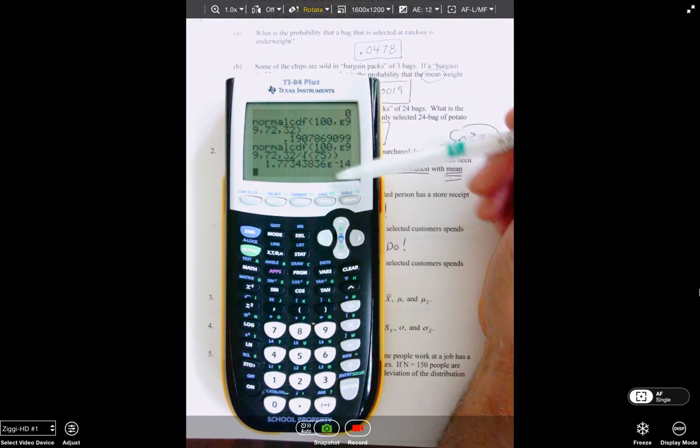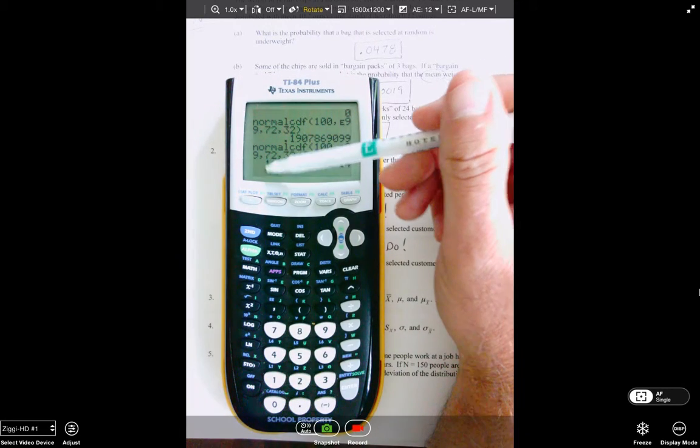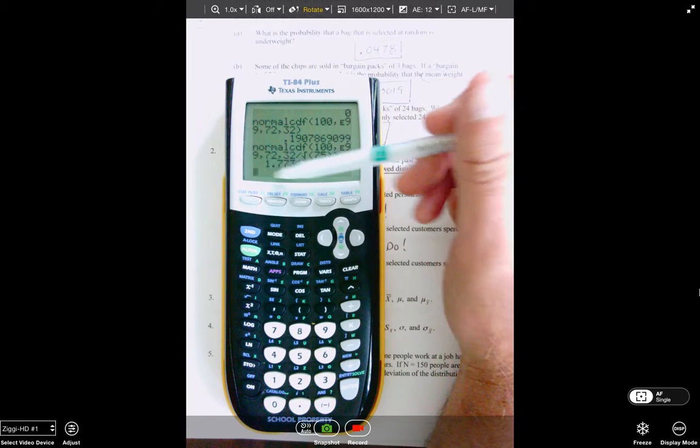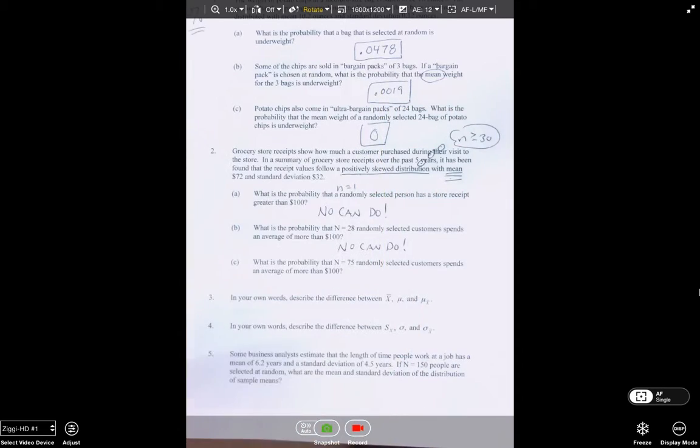1.77 obviously isn't right. So always look for the scientific notation, which says that we need to move this decimal place 14 places to the left. So essentially you put in 13 zeros and a 1.77.